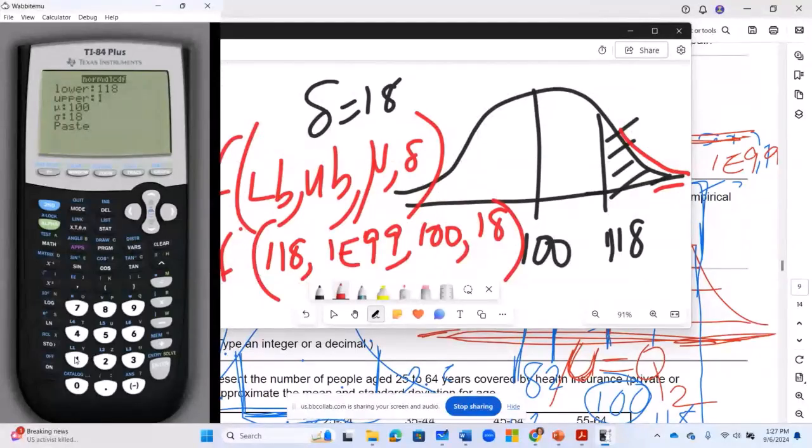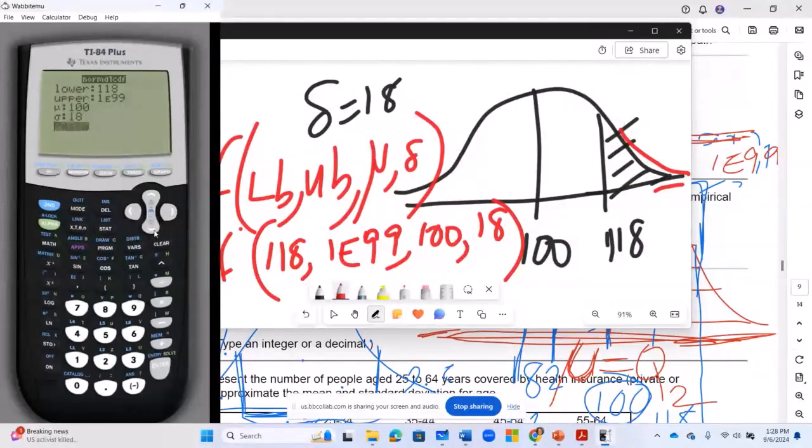Where do I see E? Second, comma. E is at comma, to the power 99. That's infinity, but my calculator does not understand infinity. The mean is 100. Standard deviation is 18.